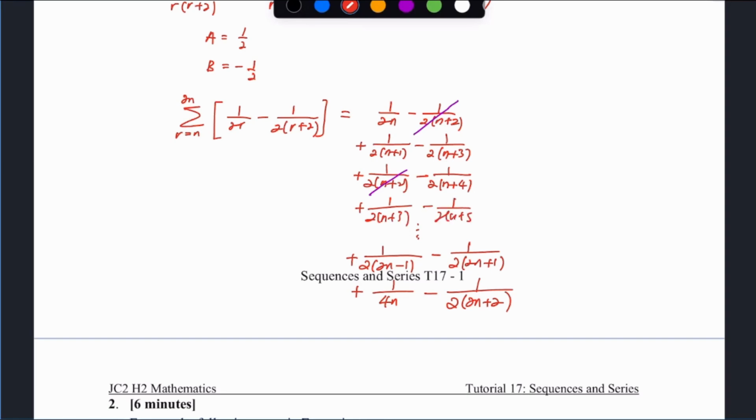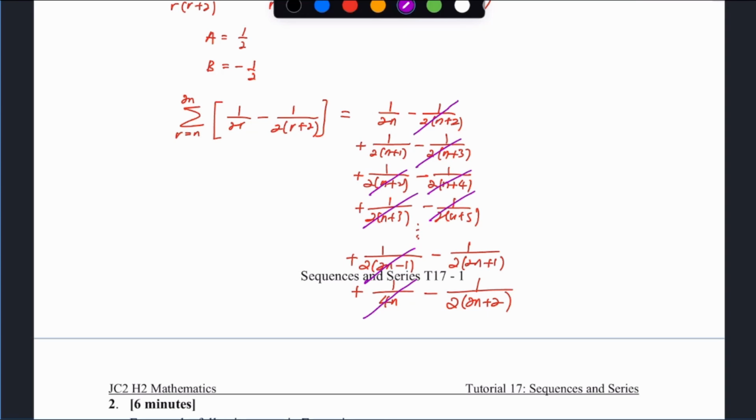This one will cancel with this. Technically, this will cancel with something over here. The cancellation will go on until we have something like that: 2 terms in front, 2 terms behind. So this is the method of difference.